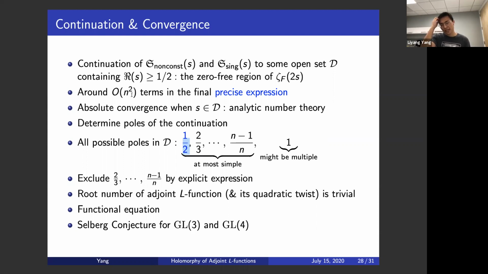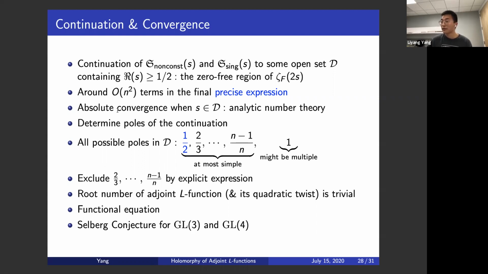It's technically complicated, and I can't handle that. The whole continuation and verifying the absolute convergence would be more subtle, because we need to study local properties of those Rankin-Selberg periods as a function of lambda. Anyhow, we can do this for GL3 and GL4.